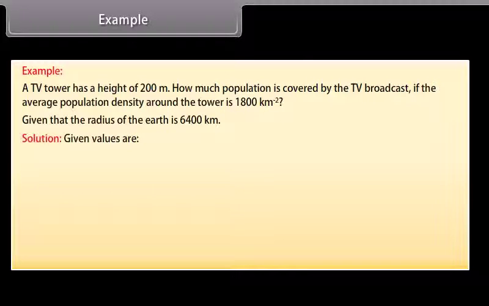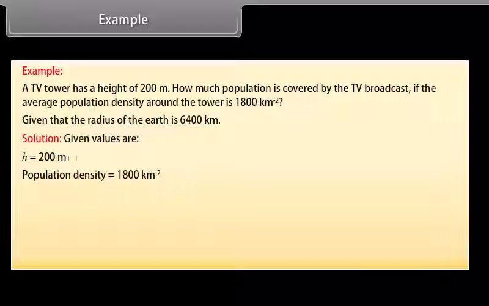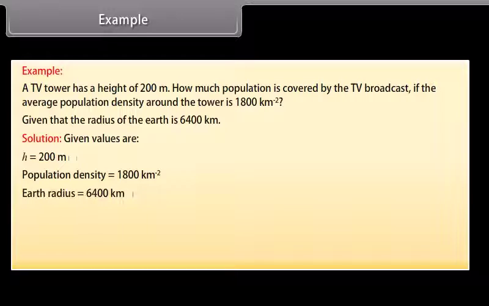Let's see the solution. Given values are h is equal to 200 meter, population density is equal to 1800 per kilometer square, Earth radius is equal to 6400 kilometer.